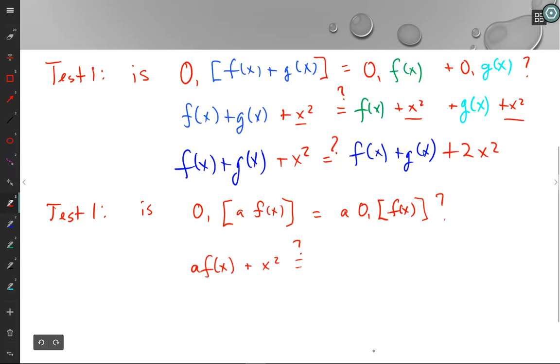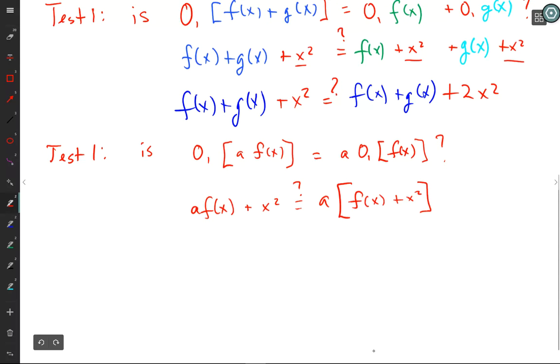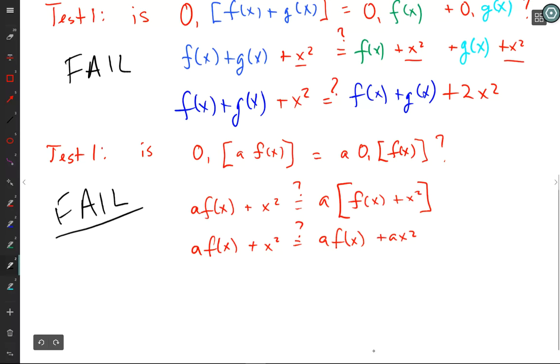Looking at the other side, I'm going to have A times whatever O acting on f of x is, which we know is f of x plus x squared. Are those equal? No, they're not. So it failed both tests. It only needs to fail one, but I want you to test both to get practice on them.